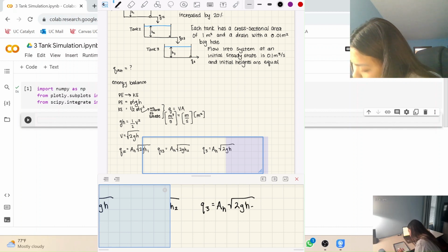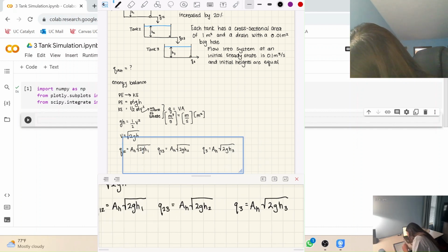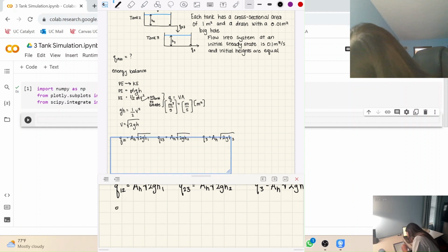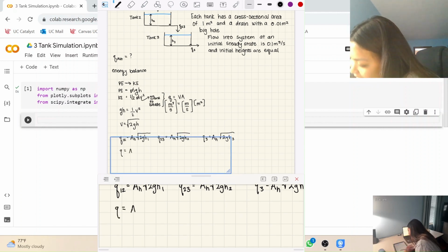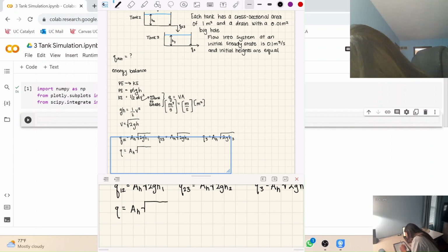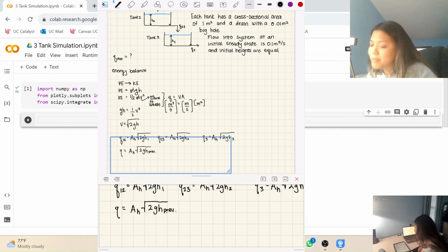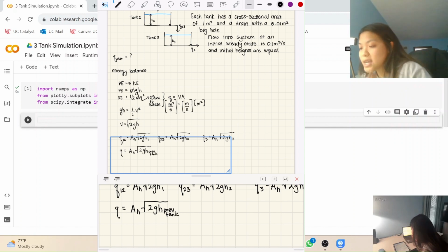And so simplified, the flow is basically the area of the drain times the square root of 2 times the gravitational constant times the height of the previous tank. Let me say that again because I kind of tripped up on my words: flow is the area of the drain's hole times the square root of 2 times the gravitational constant times the height of the previous tank.